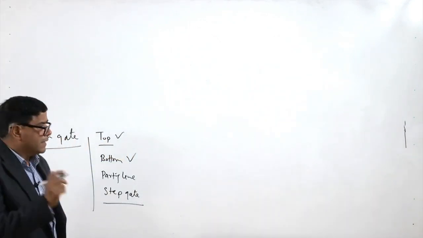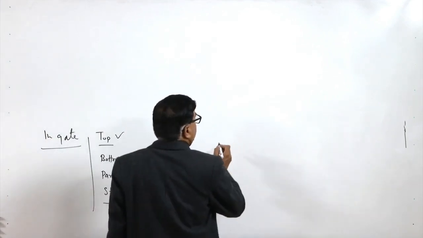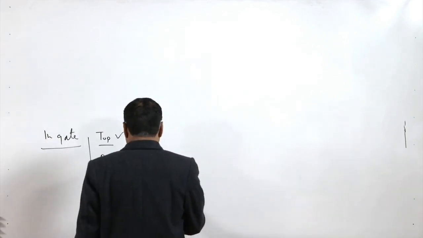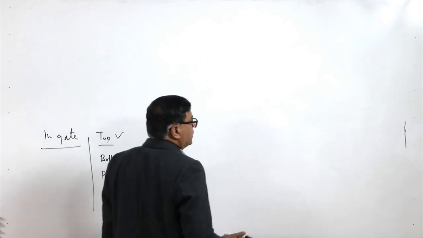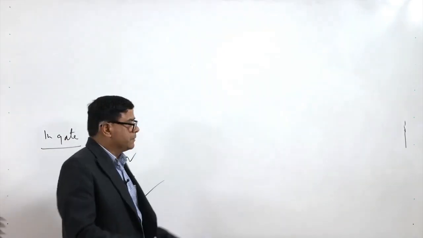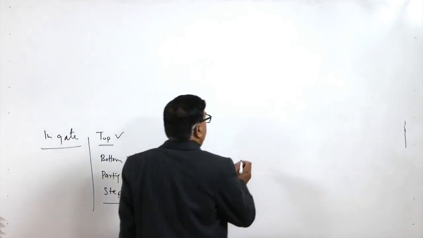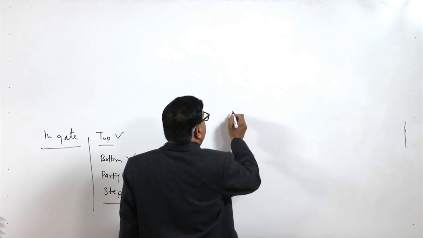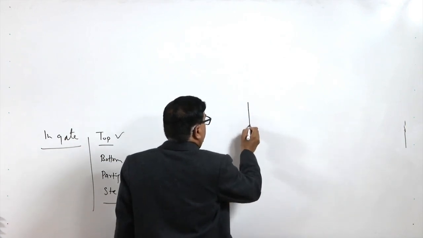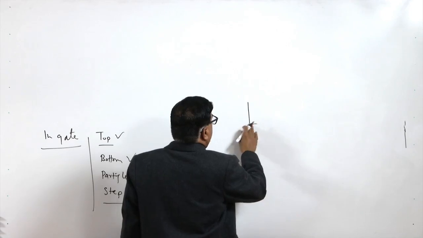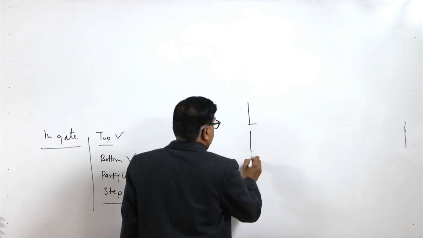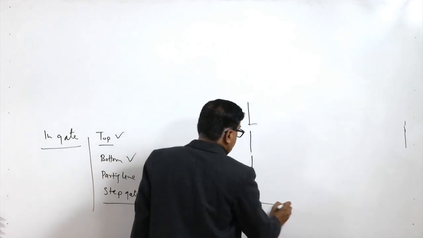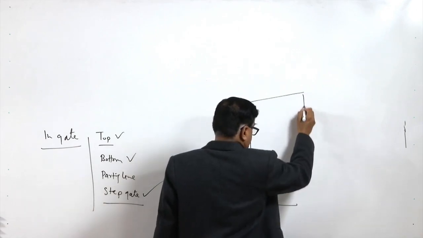In case of large size castings, the step gating system is used, so that the molten metal can be fed into the cavity through a number of gates. One typical example for this is like this, where molten metal is fed to the cavity through a number of gates.